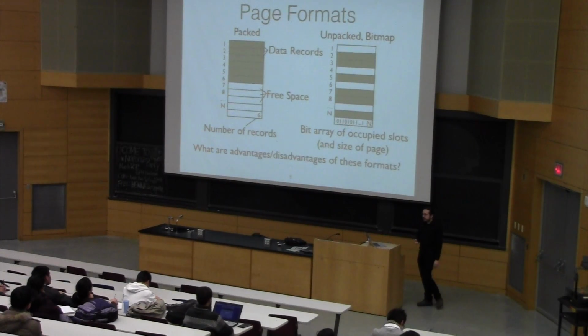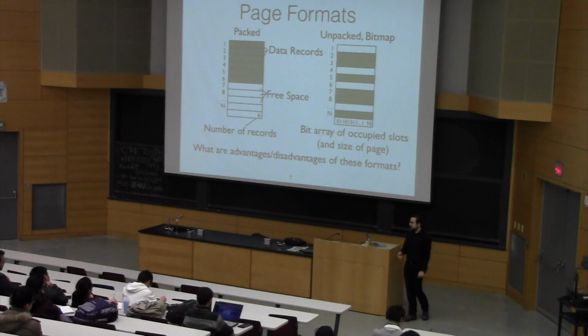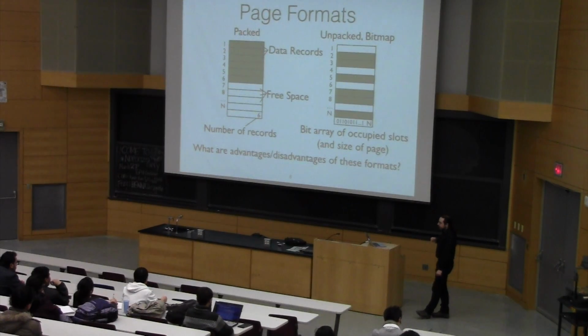If we do that, we can very easily keep track of where we are in the page, and if we need to allocate more records, all we need is a single integer that tells us how far into the page the records go. That's good. It gives us a nice, tight, compact representation of the data records. But there are potentially some drawbacks.